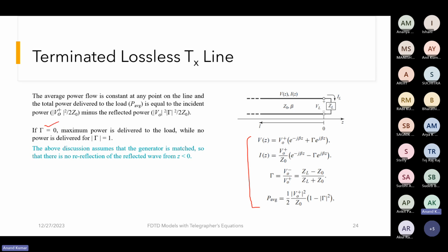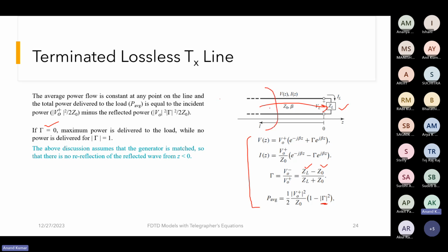These are the equations we have derived as of yet. Now, if gamma becomes 0, the maximum power will be delivered to the load, because there will be no reflections and all the power will be transmitted to the load. And this will happen when ZL equals Z naught. All this is considered when there is no reflection from the generator.